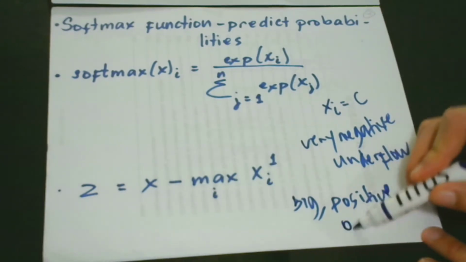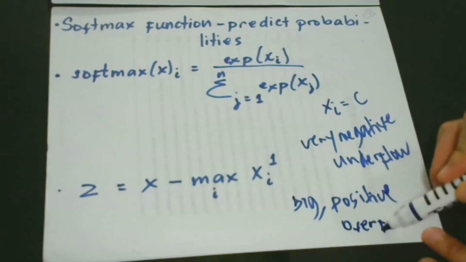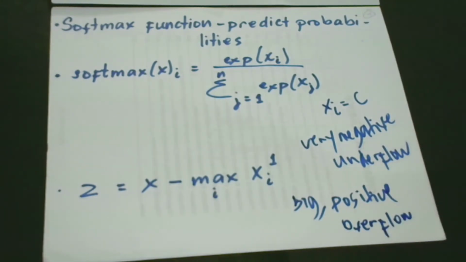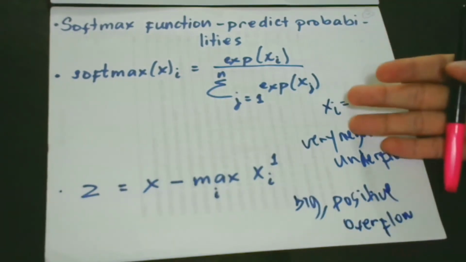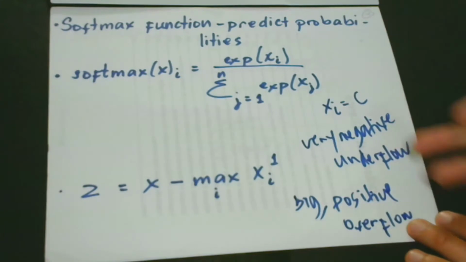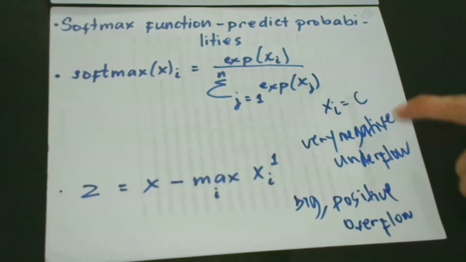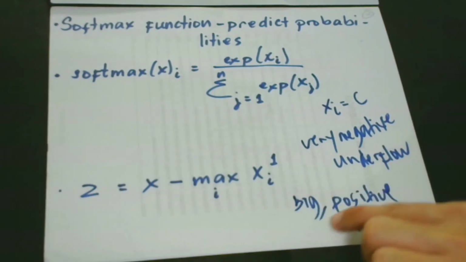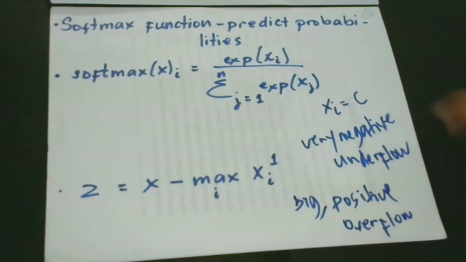Let me write that. Overflow. So what does it mean? Like the very negative situation, this will also result in undefined. So both very negative and very large positive numbers are undefined.